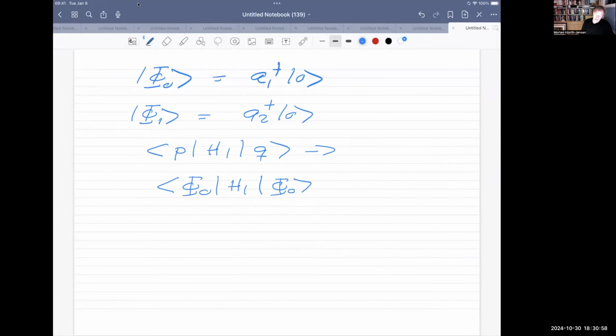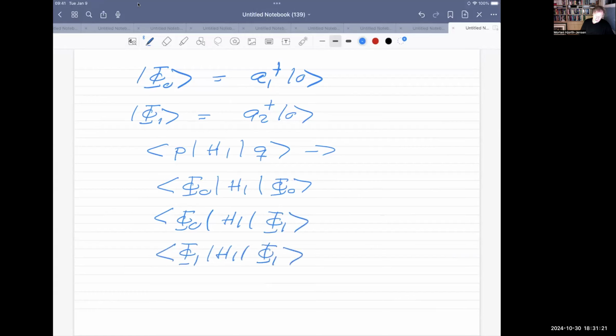We will need this element. We will also need a phi 0 of HI of phi 1. And obviously, we are assuming that this is a Hermitian problem and that this is going to give us a symmetric matrix. So we will only need a phi 1 with H1 and phi 1 here.